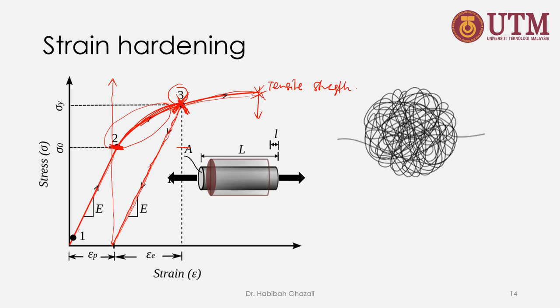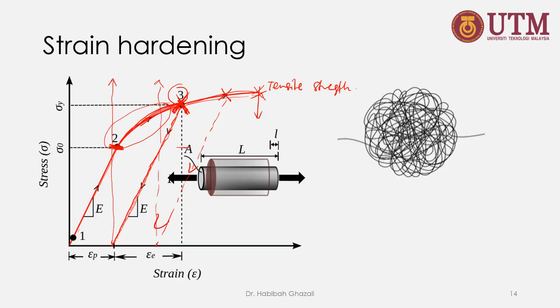So during the second test, for me to begin plastic deformation again, I require a lot more force. If, let's say, I did not break them, I unload them at this point. I unload this at that point and I retest them again.